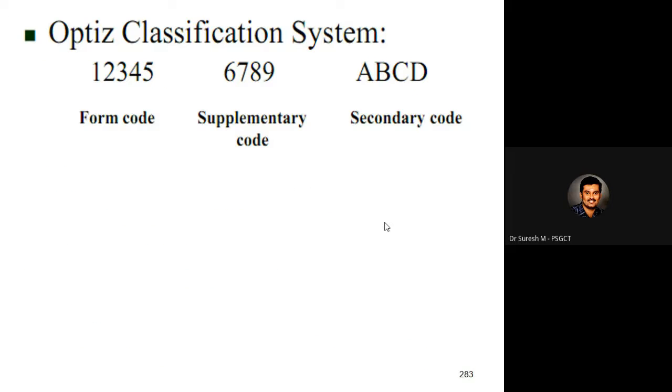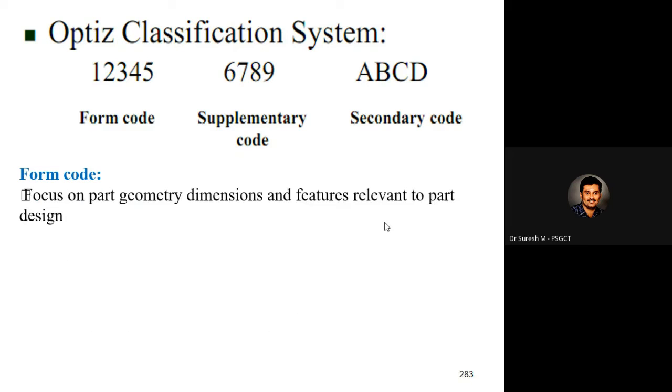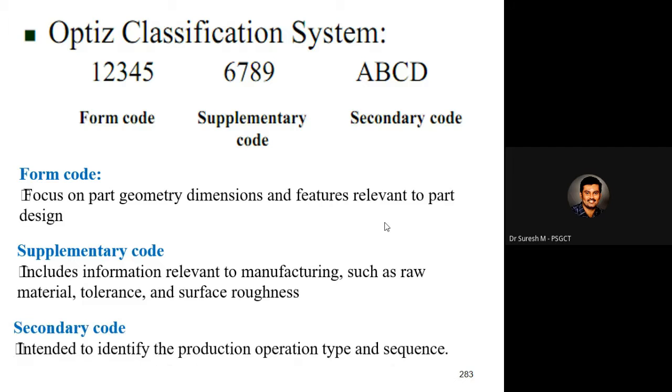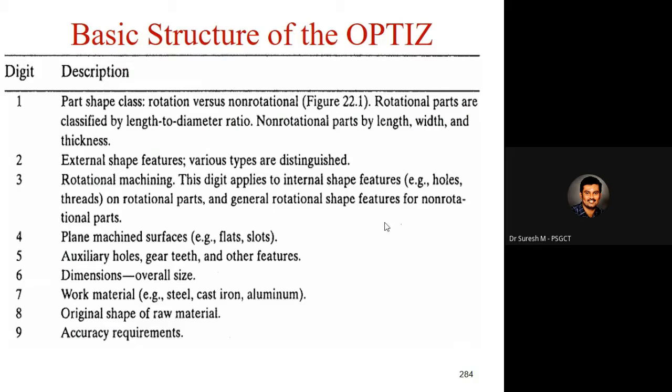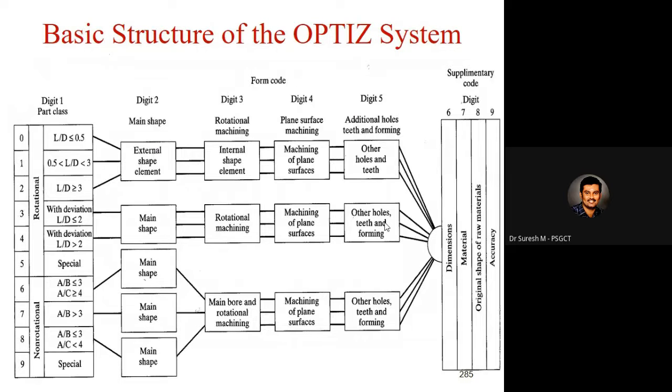They focus on form geometry, dimensioning, and features relevant to part design, with supplementary codes and secondary codes. So this is the basic structure of the Opitz coding system.